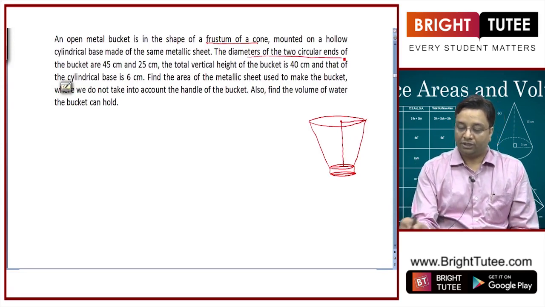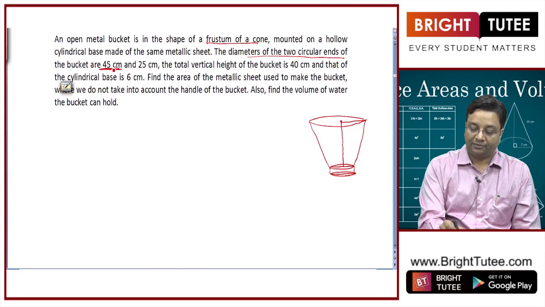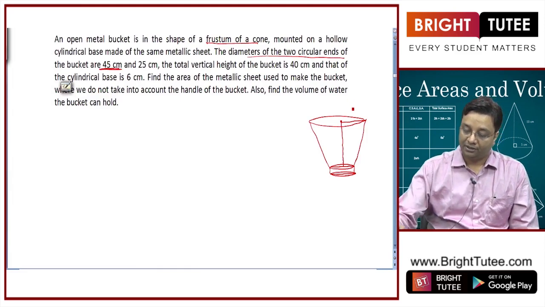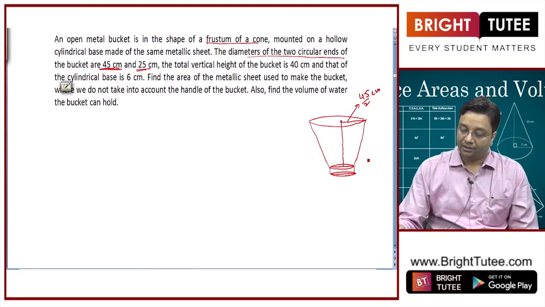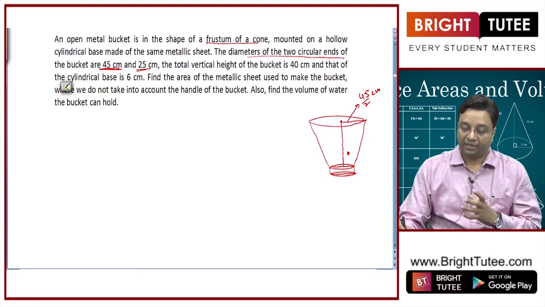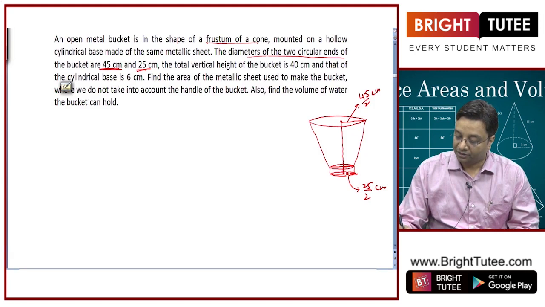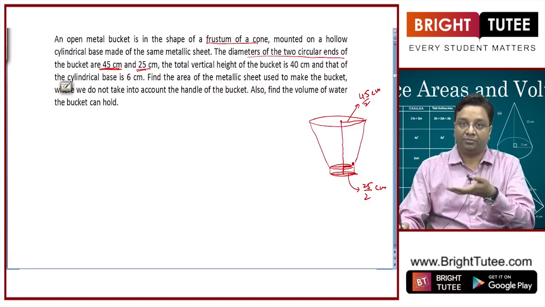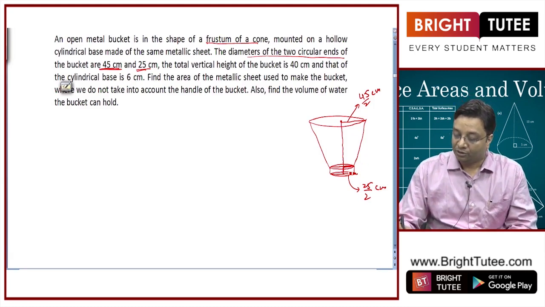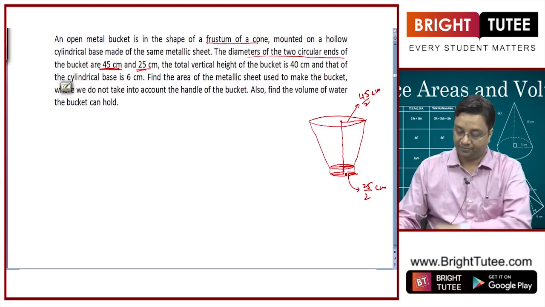Now diameters of two circular ends of buckets are 45 centimeter. So the radius here will be 45 by 2 centimeter and radius of the smaller circular end, smaller circle will be 25 by 2. So this radius here is 25 by 2 centimeter. The radius of this smaller circle or the bottom part of this frustum will also be the radius of this cylindrical base, right?